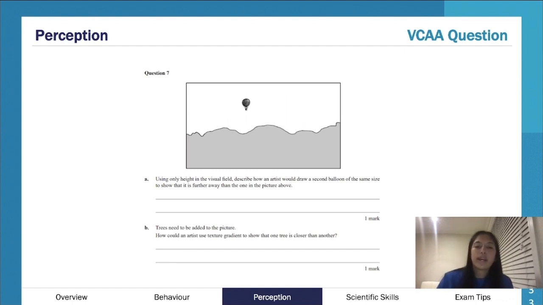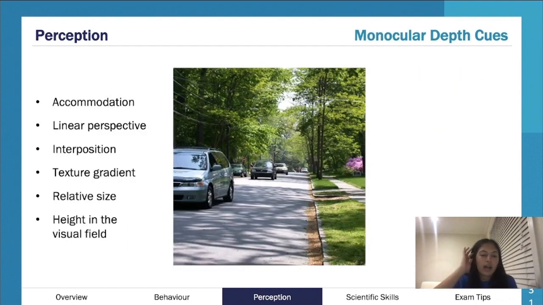So thinking about texture gradient, maybe going back into this picture that we looked at before. With texture gradient, again, they're drawing trees. You can kind of think about it maybe with the grass. So this idea that things that are closer to you, you'll be able to see the texture more clearly than something that is further away. I mean, you can't really see it in this picture that well, but if you're at the beach and you look down, you can see the sand and you can see individual grains of sand, right?